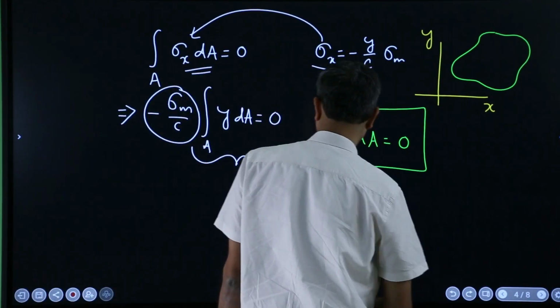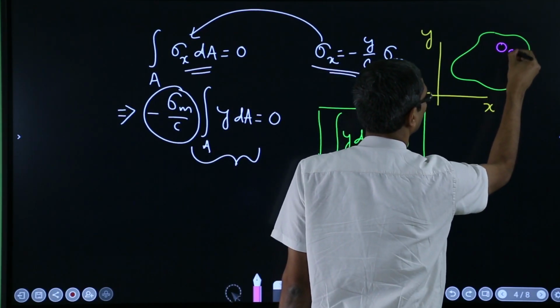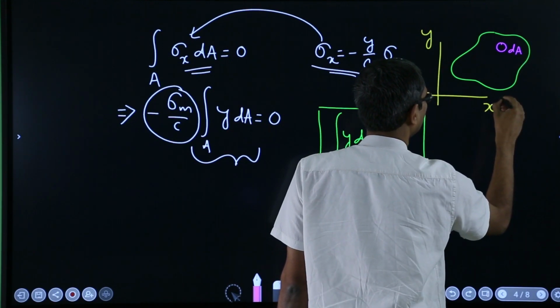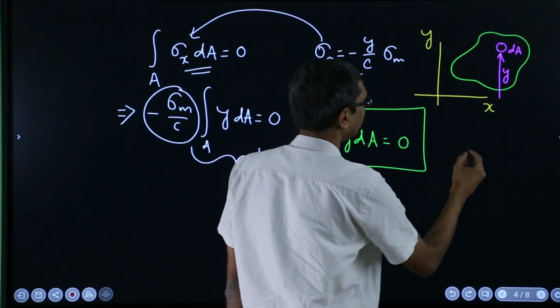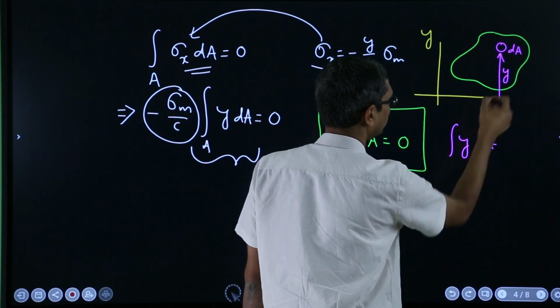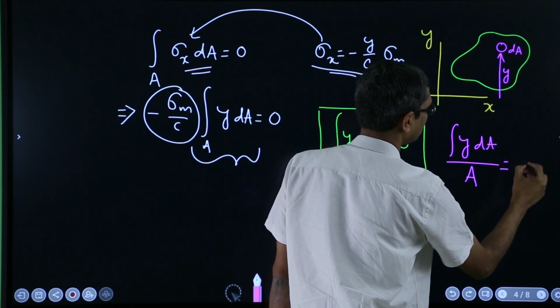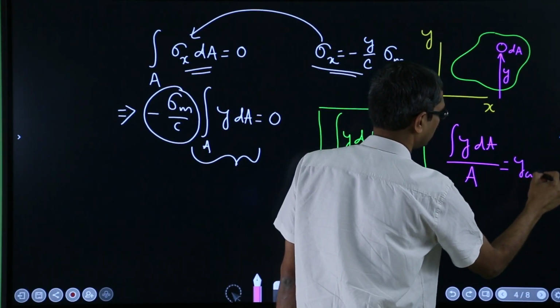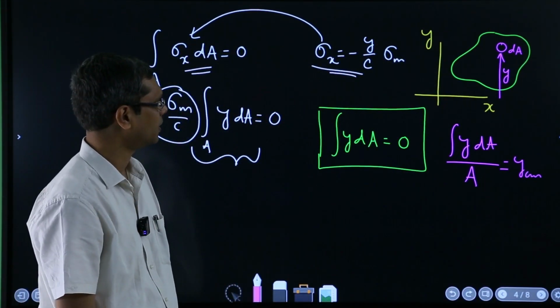So how do I find that? I take an area dA, then I take this distance y of that area, then I do y times dA and I integrate over the full area, divide by the full A, and what I get is y center of mass, right.